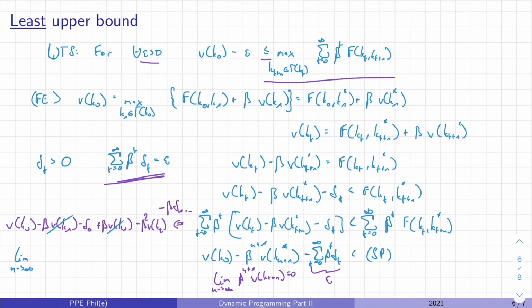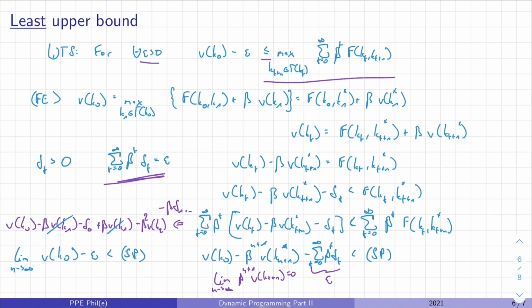So if we let n go to infinity, we actually have that v(k0) minus epsilon is strictly smaller than the sequence problem, which is what we wanted to show.